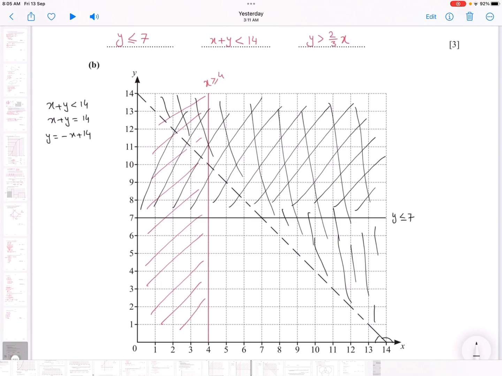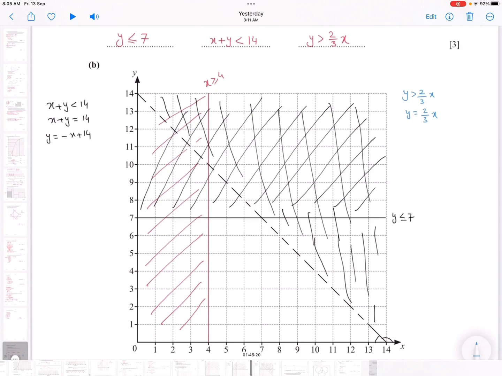Now you have to draw y is greater than 2 over 3x. So you choose x as 0. If you put 0 in x, your y is 0. So you got 1 point at 0, 0.